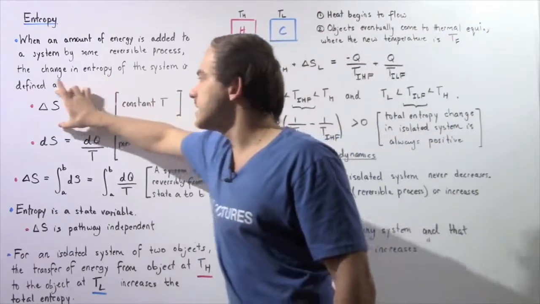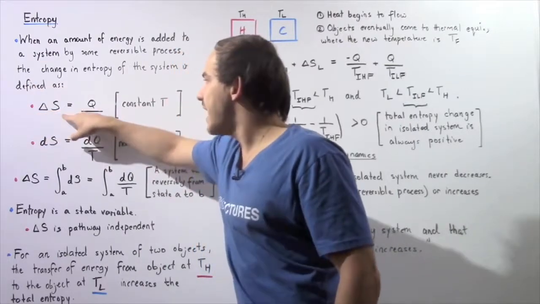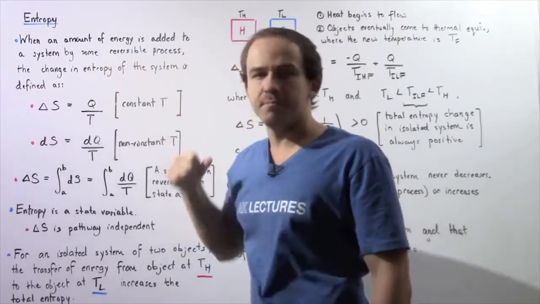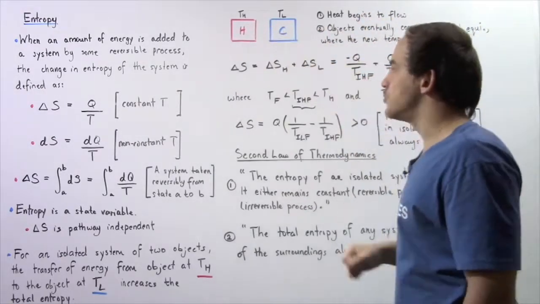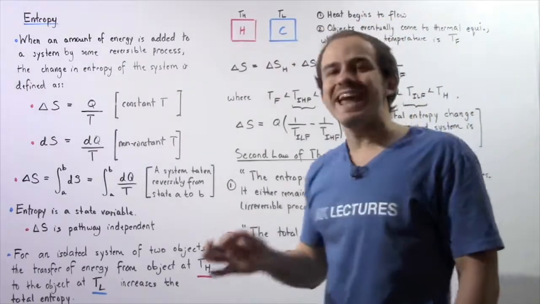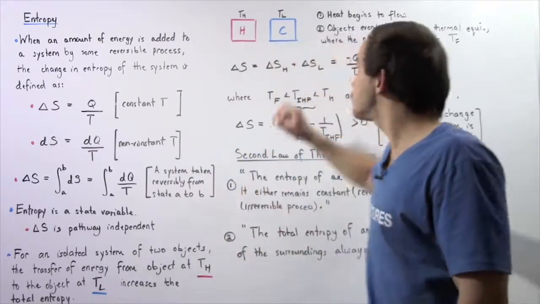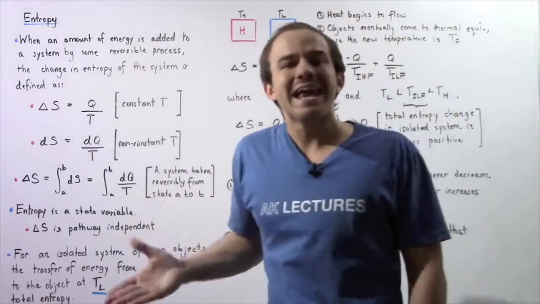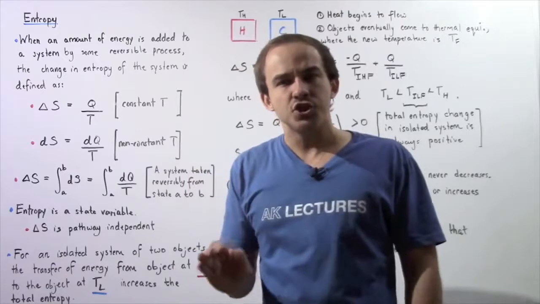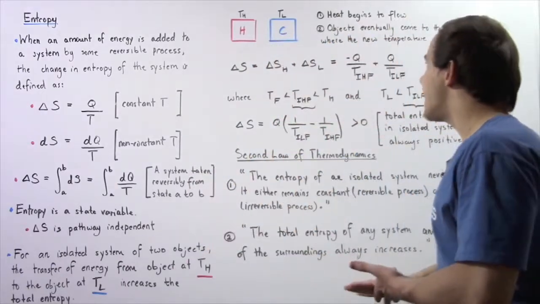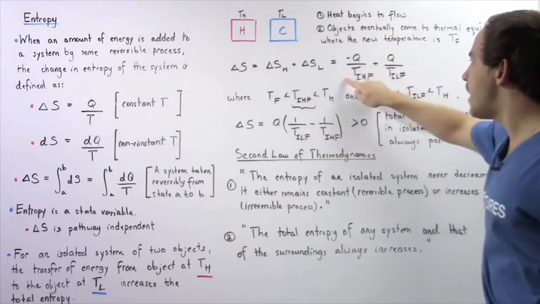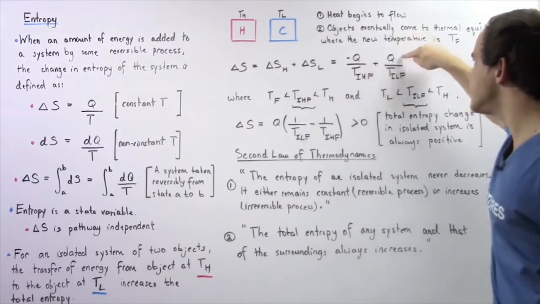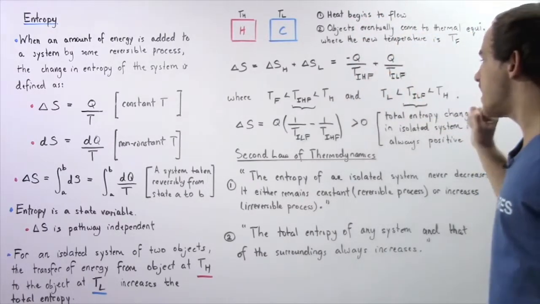And let's go back to this formula: delta S is equal to Q divided by T. Now, this object loses energy, and let's say it loses negative Q energy. That means this object must gain that same quantity of energy because we're dealing with an isolated system. So we have negative Q divided by this temperature plus positive Q divided by this temperature.